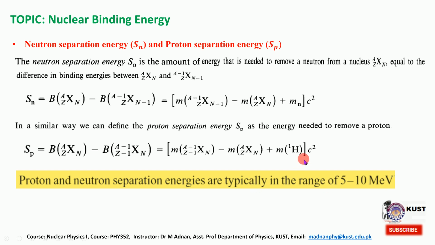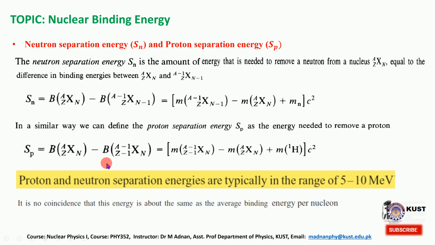On the previous slide, I showed in that figure that the binding energy per nucleon is around 8 MeV. So again, these separation energies are also of the same order as we have seen on the previous slide.